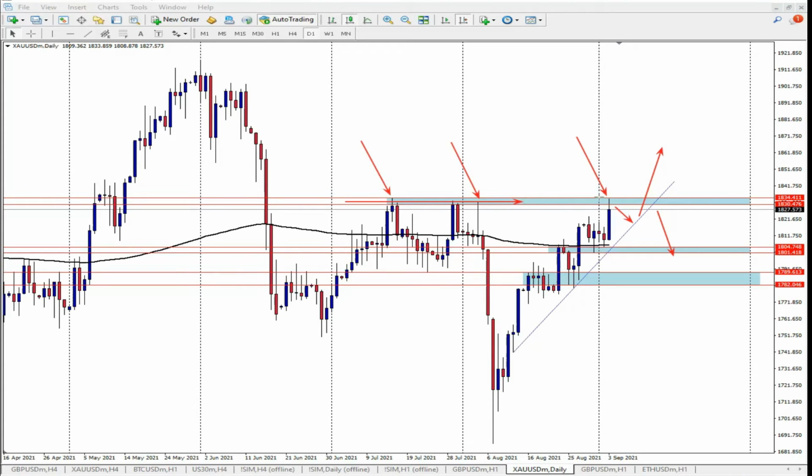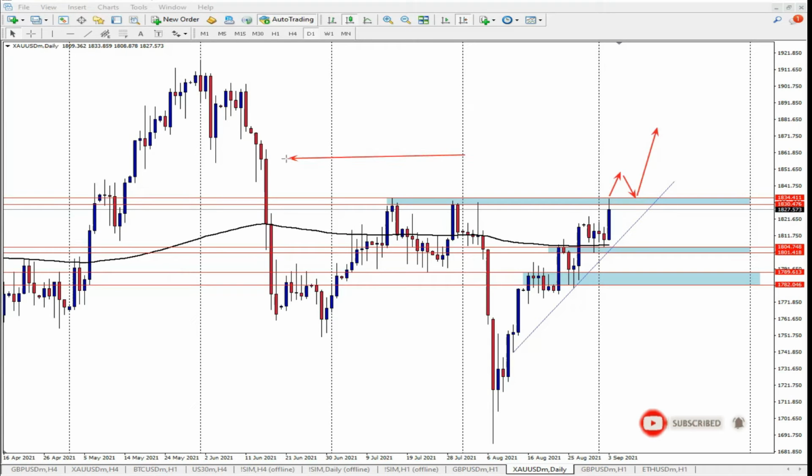So short term, I would say for gold right now, based on where it is, it's a point where we just have to sit on our hands and watch what happens. Either a break of this zone, so you wait for a break, a retest, then you can now go in for a buy.